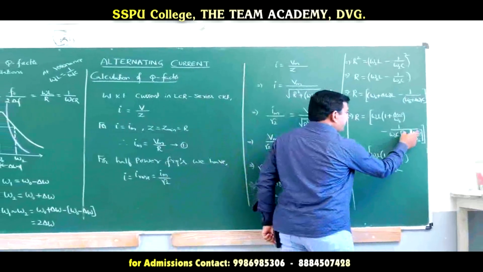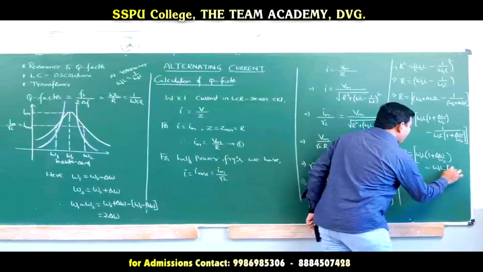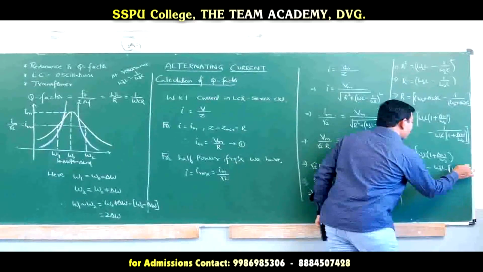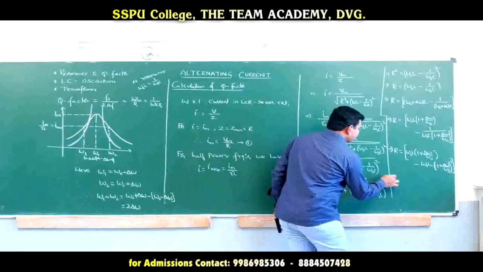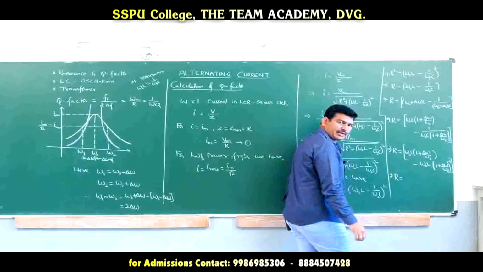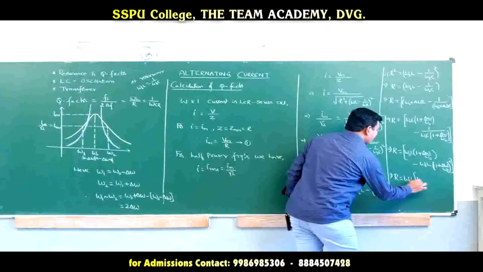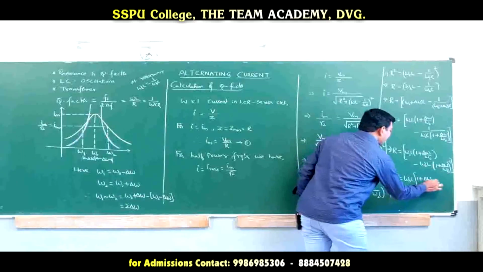Then this term, if it goes up, I can write it as 1 plus delta omega by omega naught whole power minus 1. Yes sir. So this implies R is equal to, from this and from this I can take omega naught L common. So taking omega naught L common, what is there? 1 plus delta omega by omega naught minus.